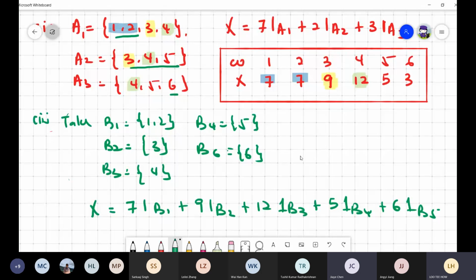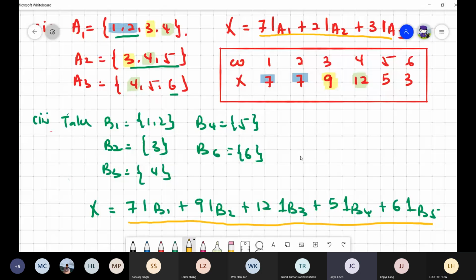So you just need to compare. Look at this. These representations are different from these representations, right? These two are not the same. However, you can see after that, if you put in the value, you will get the same value.